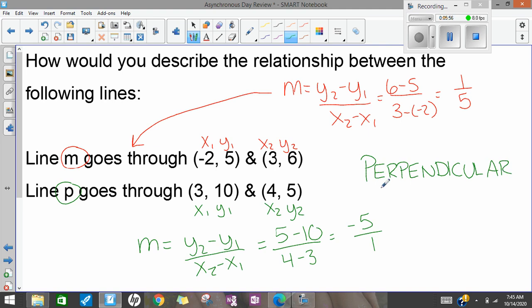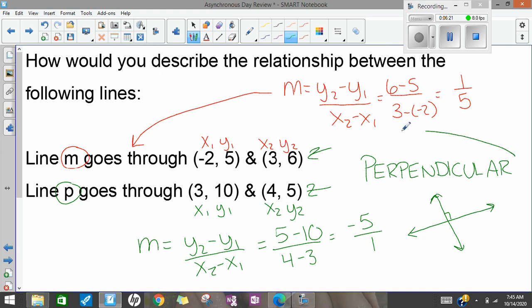So the line that goes through these 2 points and the line that goes through these 2 points are perpendicular. That means they'll cross. So line M goes up to the right, and line P goes down to the right, and they will make right angles. They're perpendicular.